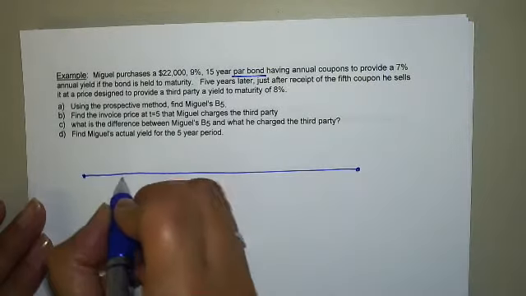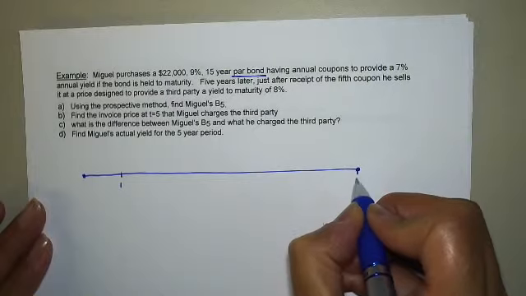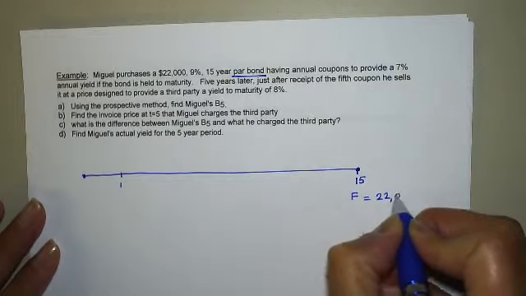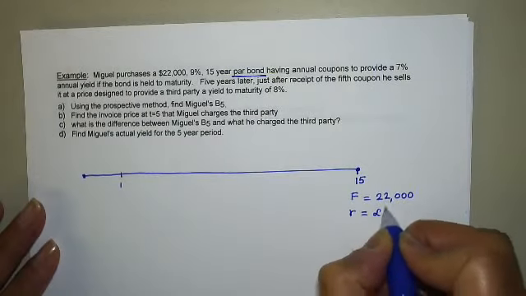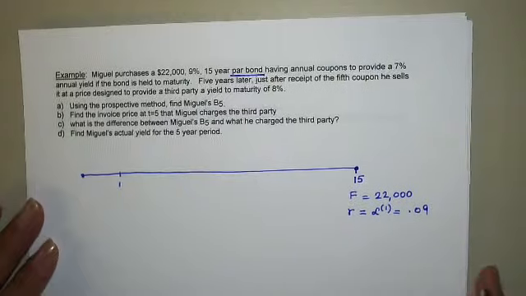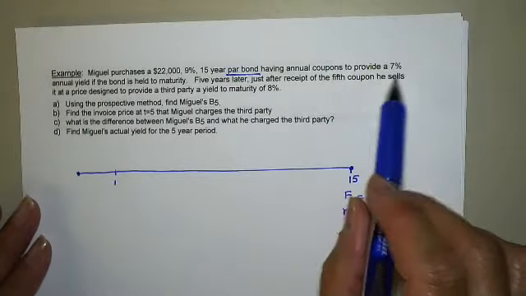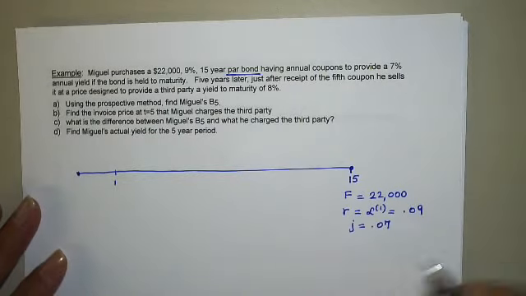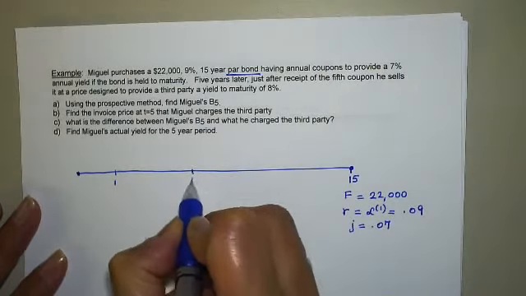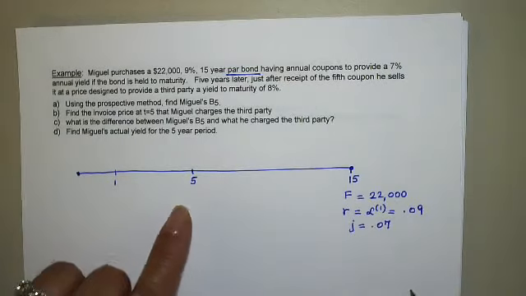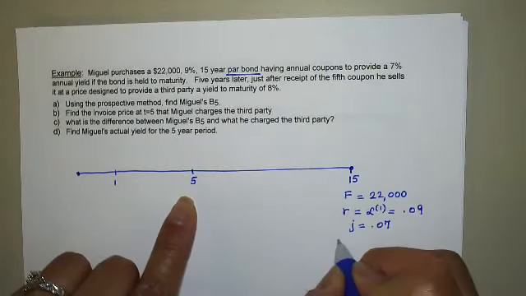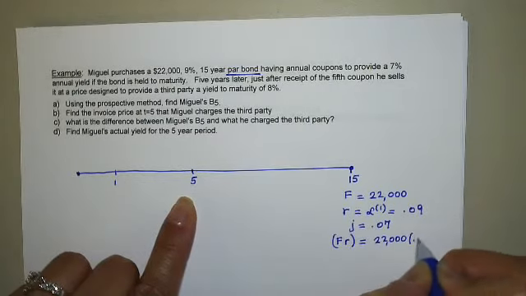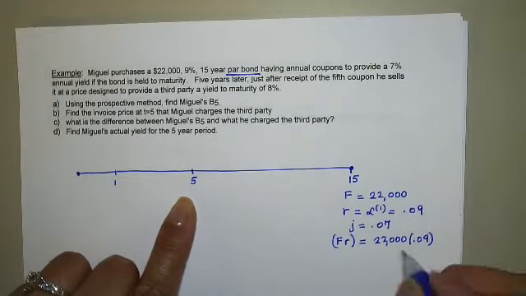Okay, timeline. Pays coupons annually, right? So 1 all the way to 15. F equals 22,000. R equals alpha 1 is equal to 0.09. To provide 7% annual yield, J equals 0.07. 5 years later, just after receipt of the 5th coupon, how much are the coupons?